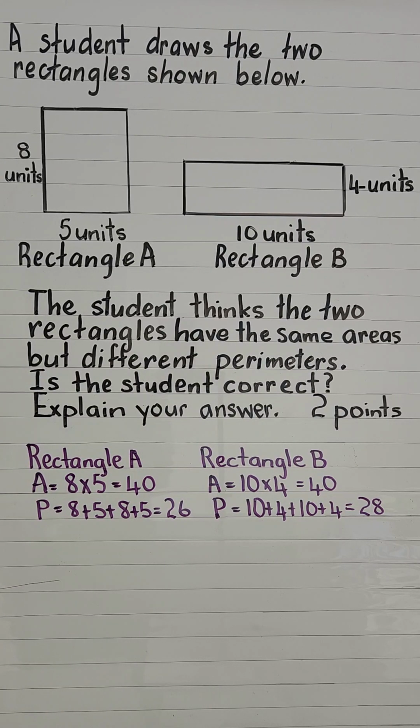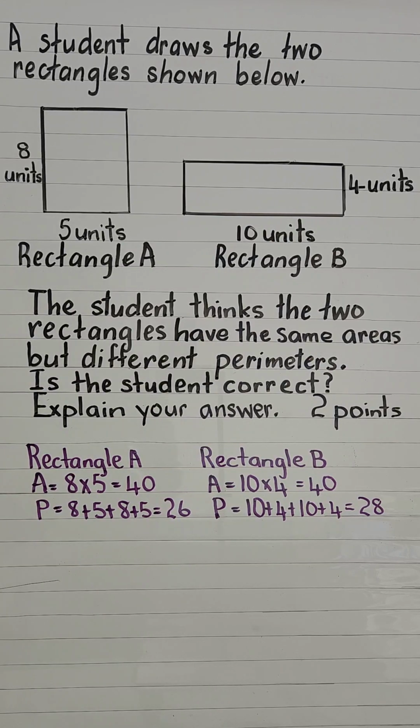The student is correct because both areas are 40 and the perimeters are different because one is 26 and one is 28.